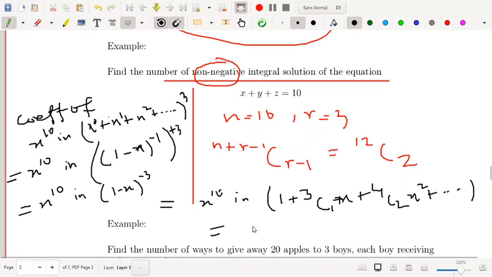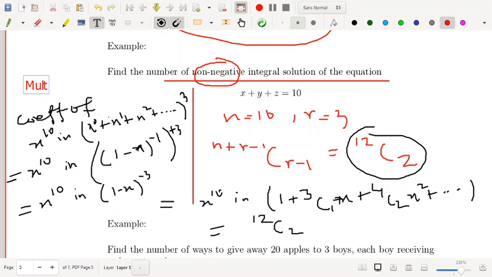So the coefficient of x to the power 10 is 12c2. Clear? This is the same as this result. Look at that. So this is actually the multinomial expansion, for your better understanding. Multinomial.